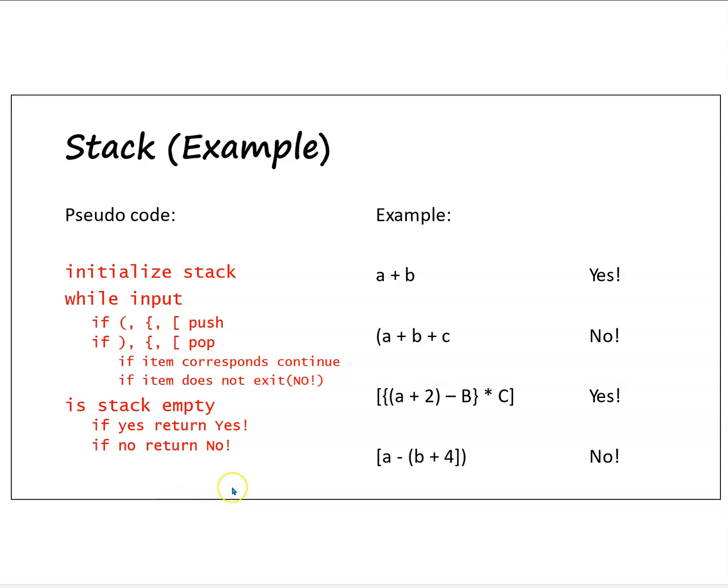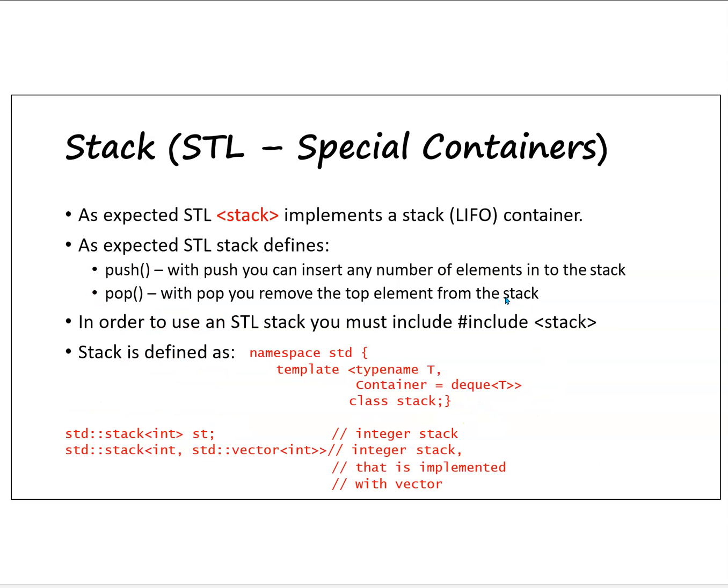Otherwise, no. At the end, if the stack is empty, we return yes, they match. Otherwise, no. So, A plus B, yes. This would be a no. And so forth.